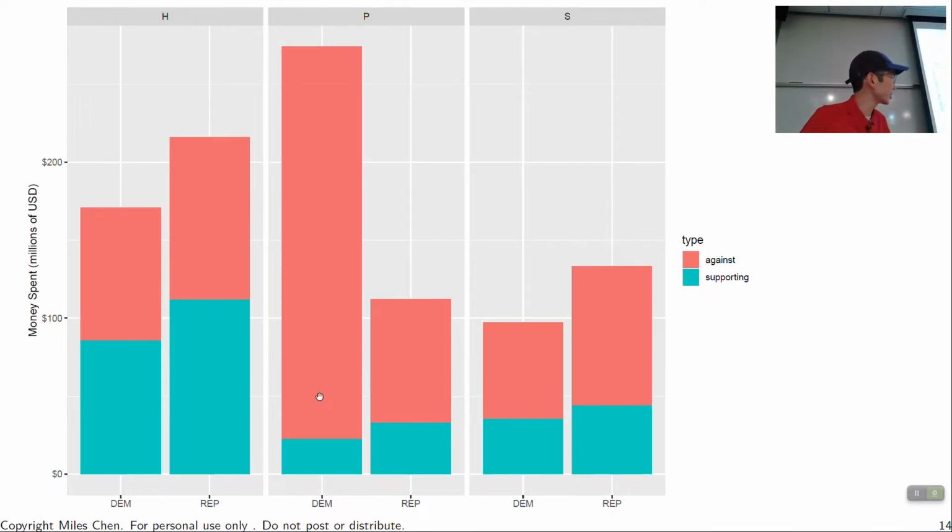A lot of money was anti-Obama at that time, okay? A lot of money being spent there, all right? Now, if you look at House of Representatives, like this bar and this bar, it's hard to tell, but they look fairly similar, okay?